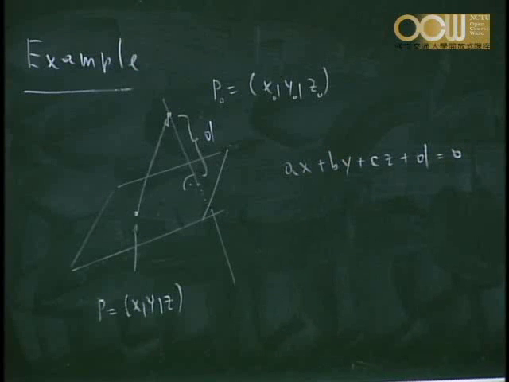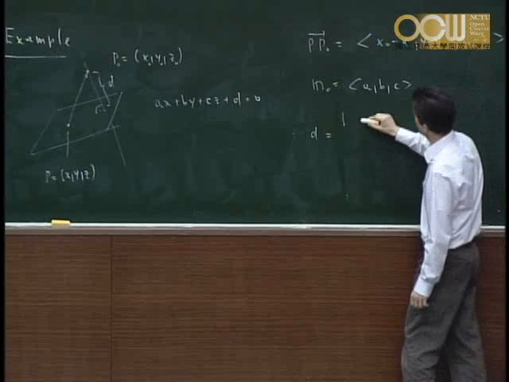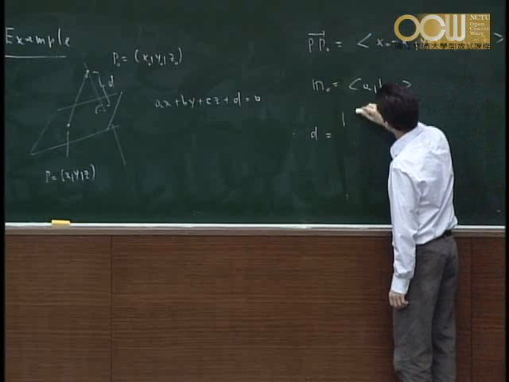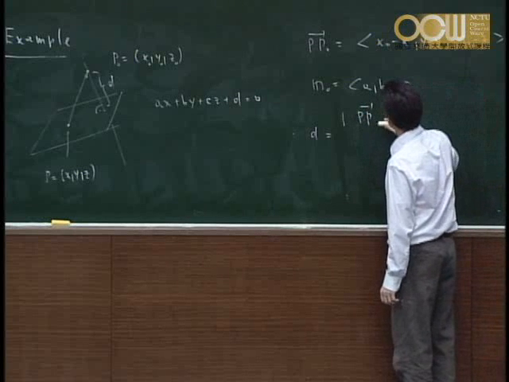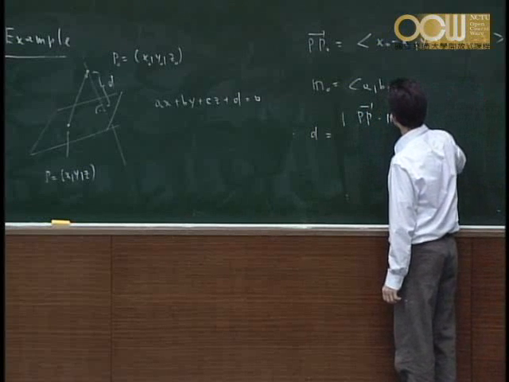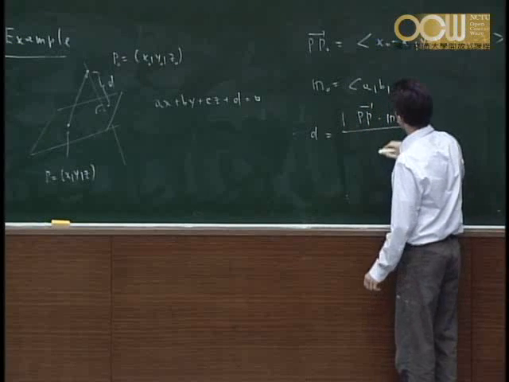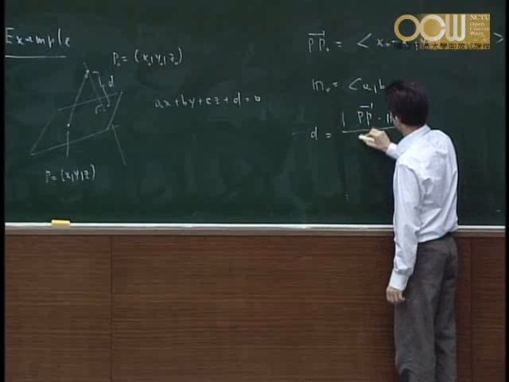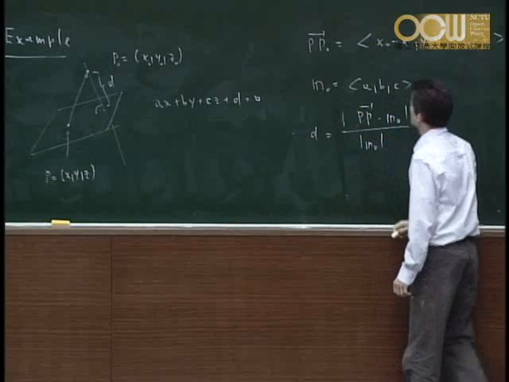The only thing you have to do is multiply those two and divide by the length of this one. So you have this vector dot product with this vector divided by the length of this vector.